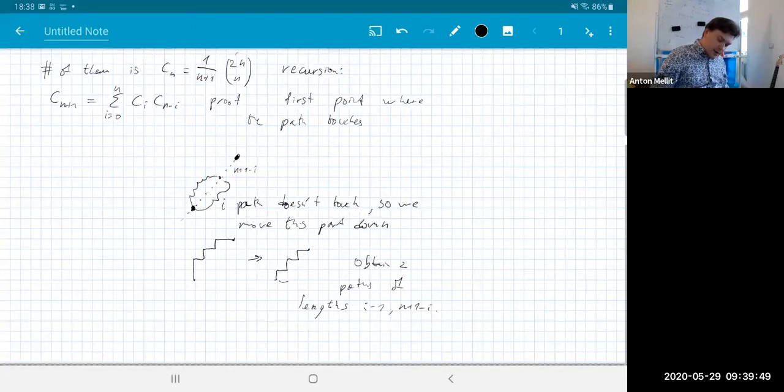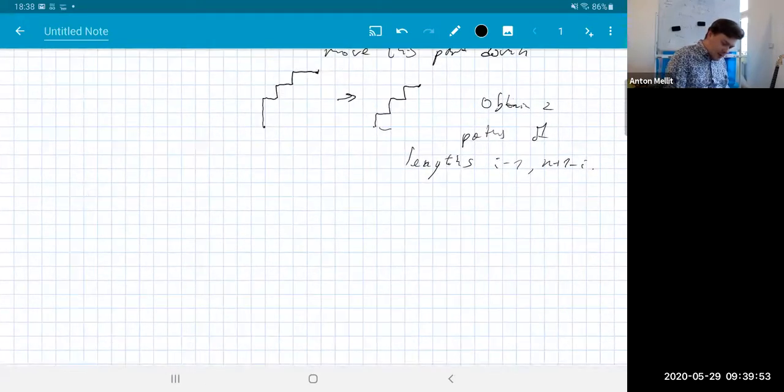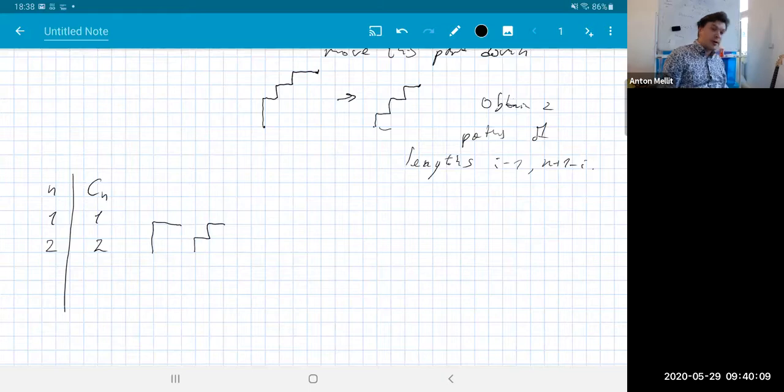So the first few Catalan numbers are given as follows. We have n and C_n, beginning with 1. For n equals 1 there is one path. For n equals 2 we have two paths, corresponding to this and this.